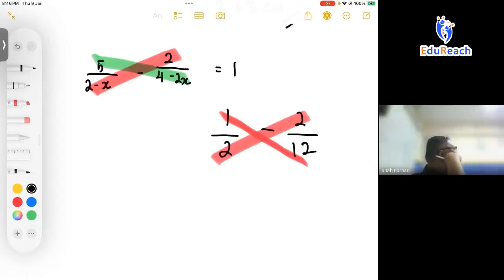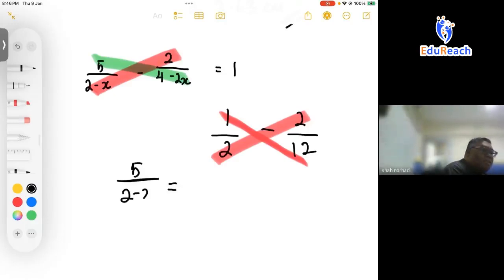Okay, so where must the equal sign be? In the middle of the fractions. This one can cross multiply.